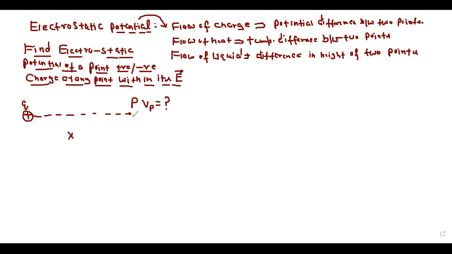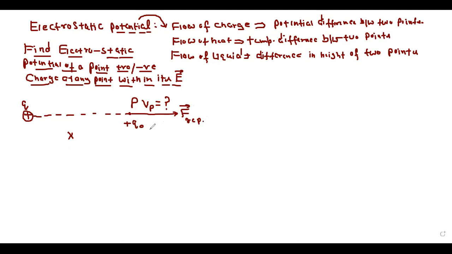So to find the potential at P, let me place a positive test charge at this point P at a distance X. Definitely, this positive charge will apply a repulsive force in this direction.